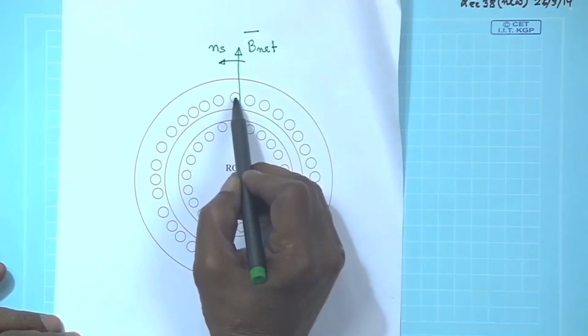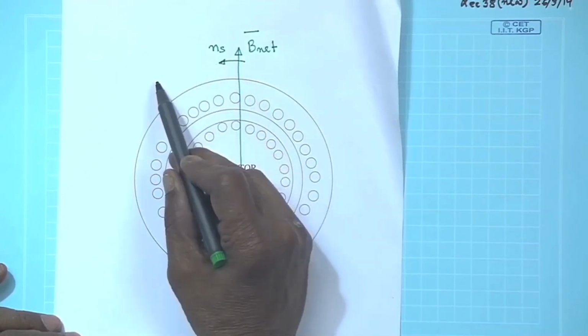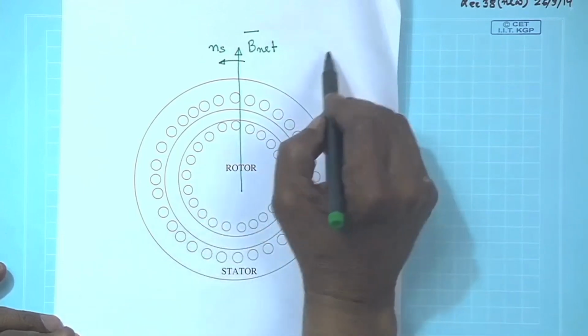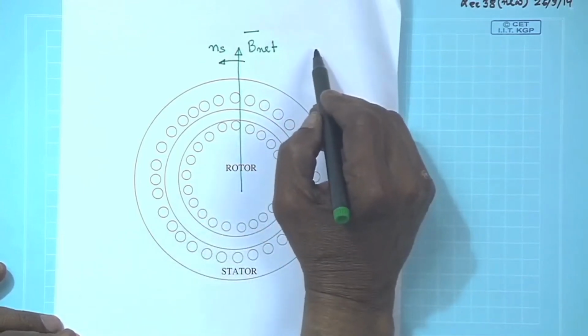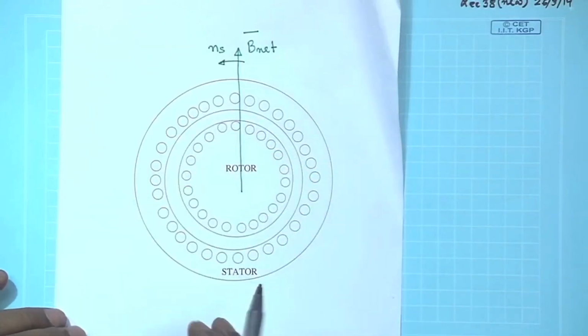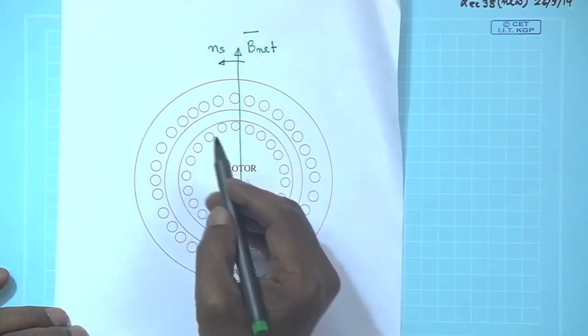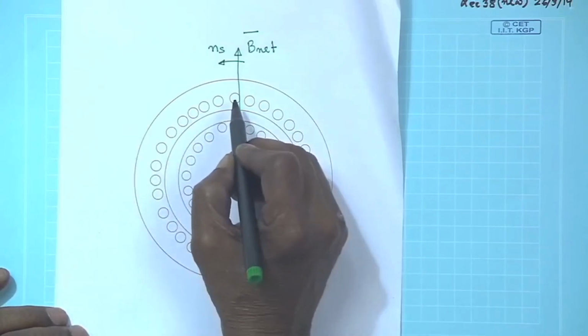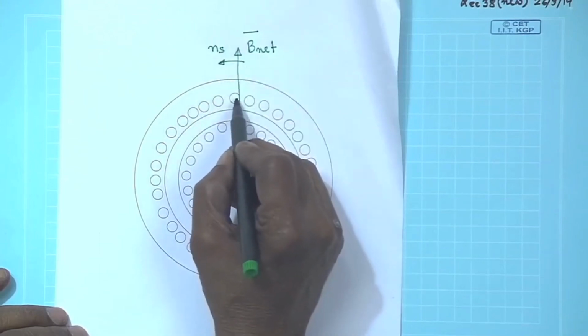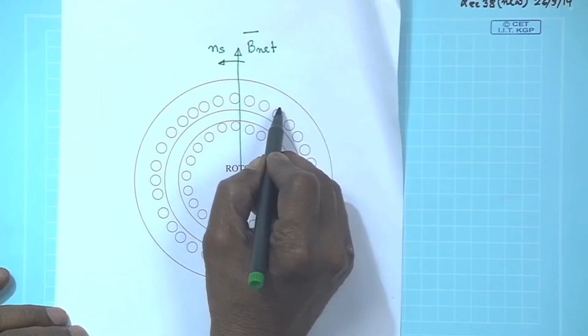With respect to the stator, B net is moving in this direction, but while applying the formula BLV, the right hand rule, to find the polarity of the induced voltage, B should be made stationary and the conductor should be moving with some velocity. So, if B is stationary, I can assume this conductor is moving in the opposite direction.